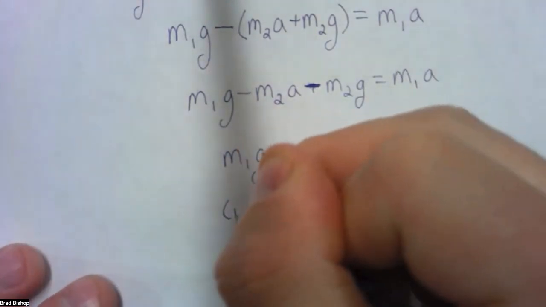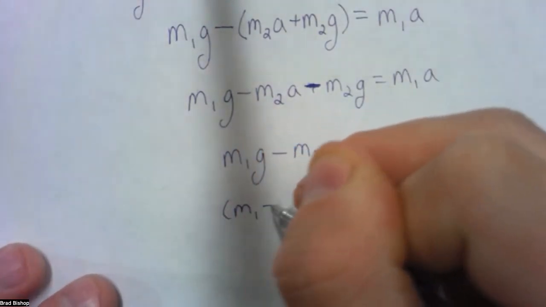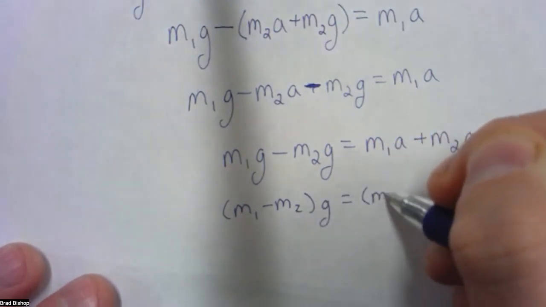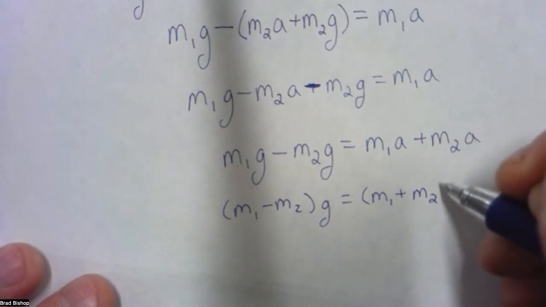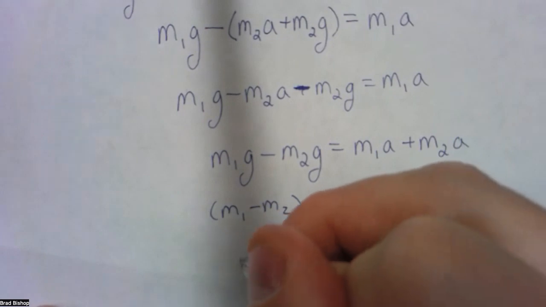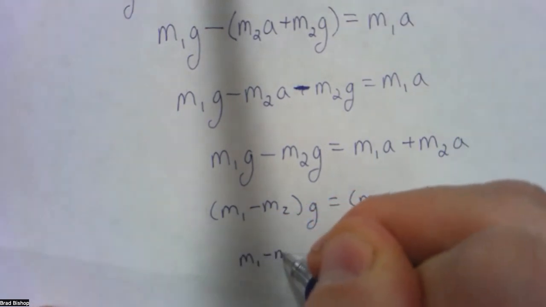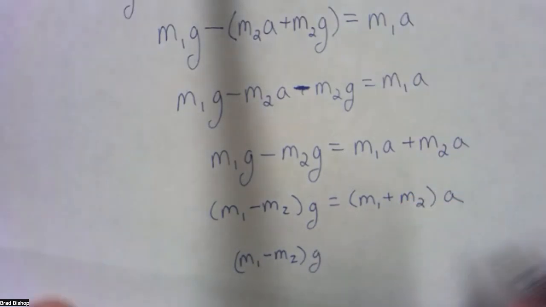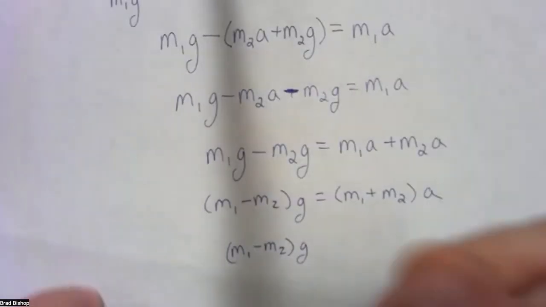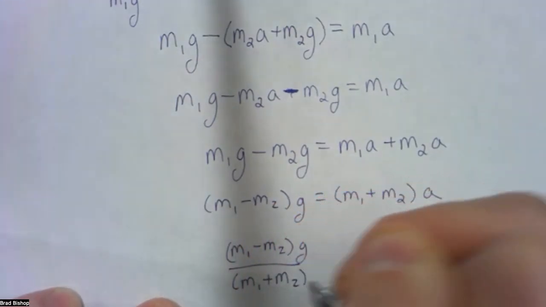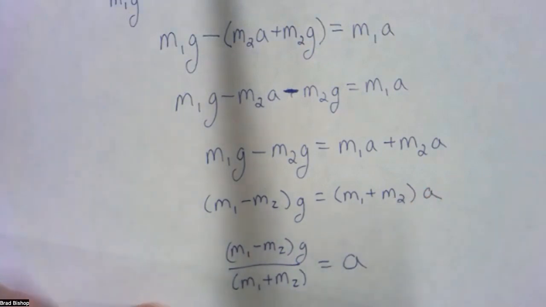We can simplify this a little bit more. M1 minus M2 times G equals M1 plus M2 times A. And then finally, we get M1 minus M2 times G, so the numerator here is the difference in their weights, divided by the total mass, equals acceleration.